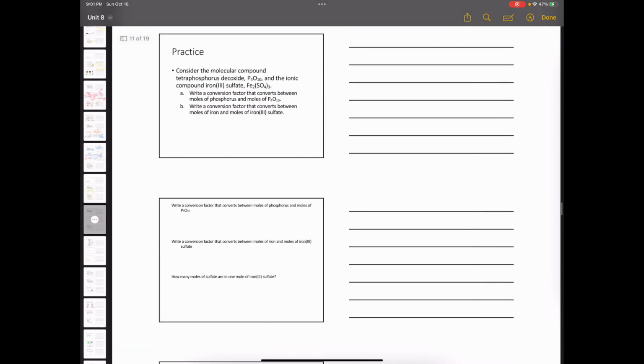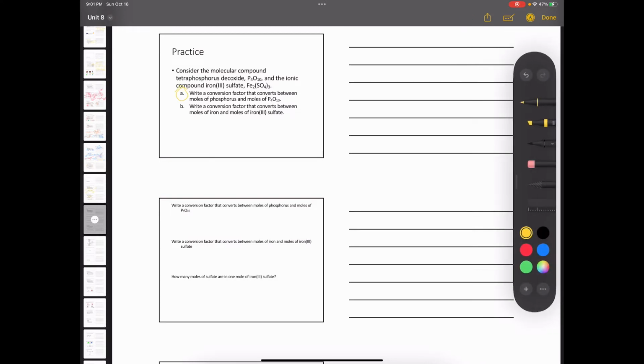Let's do an example. So consider a molecular compound, the phosphorus oxide, tetraphosphorus decaoxide, and the ionic compound iron sulfate, Fe2(SO4)3. So first, we need to write a conversion factor that converts between moles of phosphorus and moles of phosphorus oxide, or tetraphosphorus decaoxide.